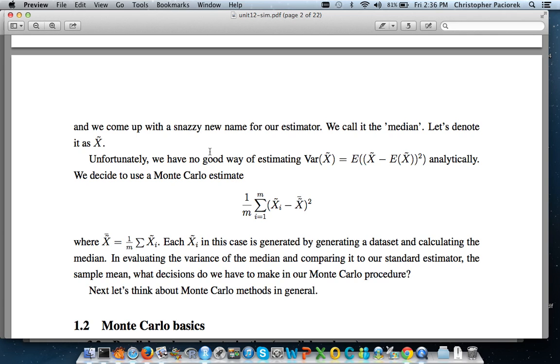I want to see how well this X tilde performs, but I'm going to have to devise a simulation study and say, oh, well, this is how well it performs for a sample size of 10, or for a sample size of 100, or for a sample size of 1,000. You're going to get different answers depending on what that n is. So I need to choose n, or I need to choose a few different values of n, potentially. What else do I need to choose?